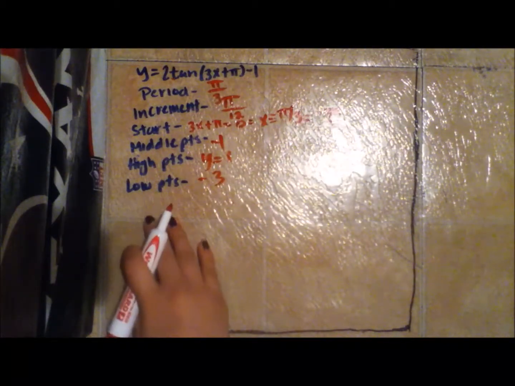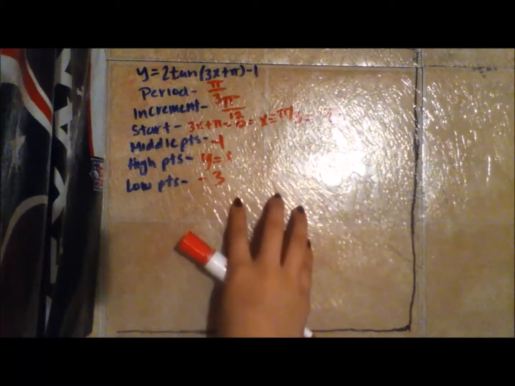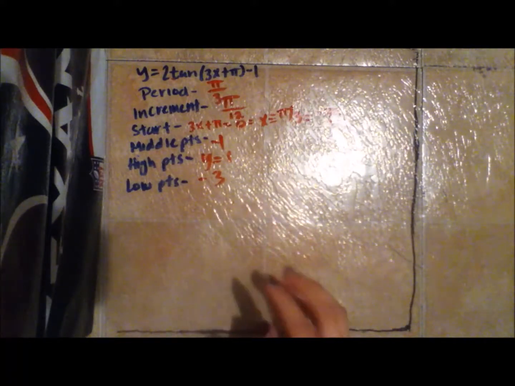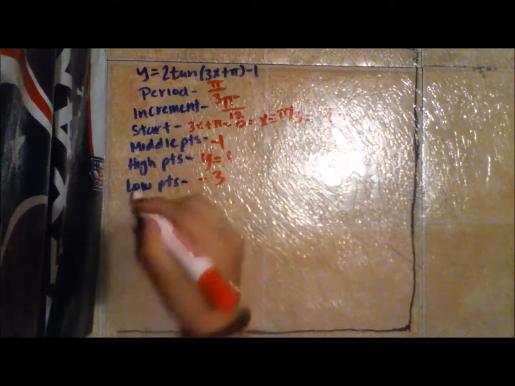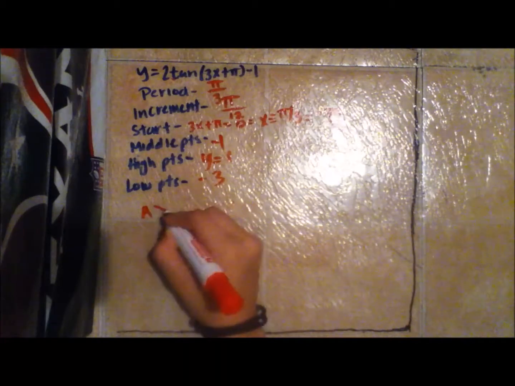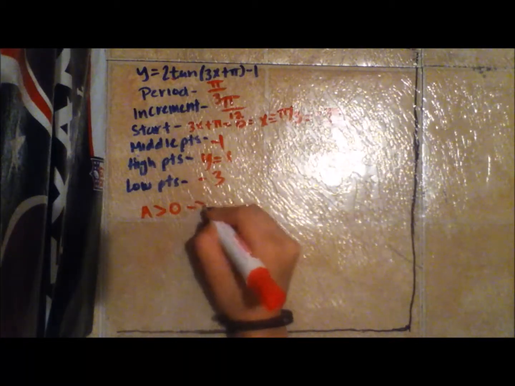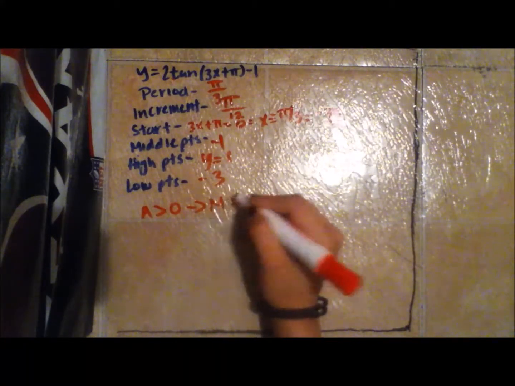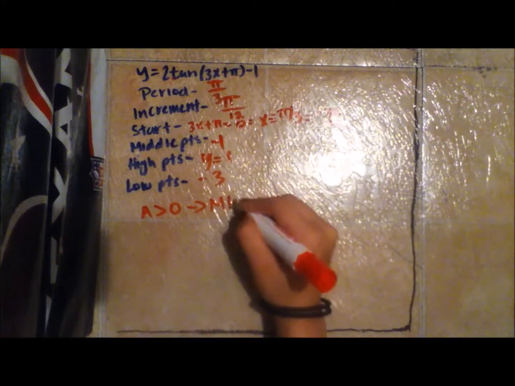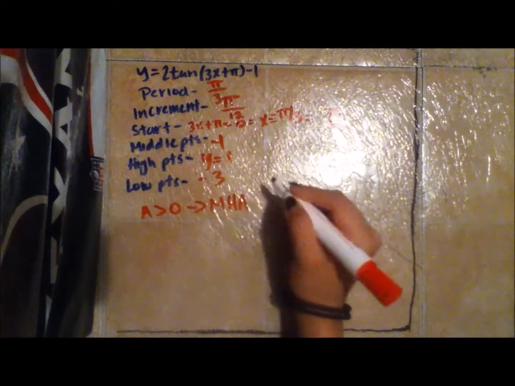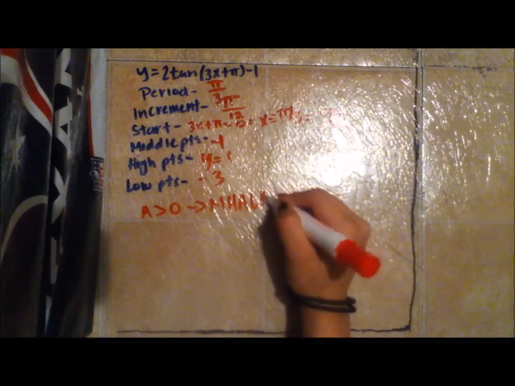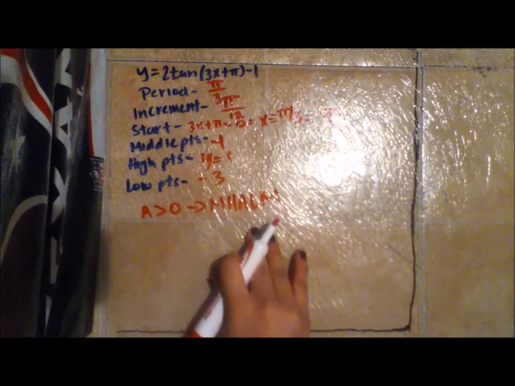So that will be your low point. Now the pattern for this one, a is greater than 0, will be middle point to high point, asymptote to lower point to middle point. So that will be your pattern.